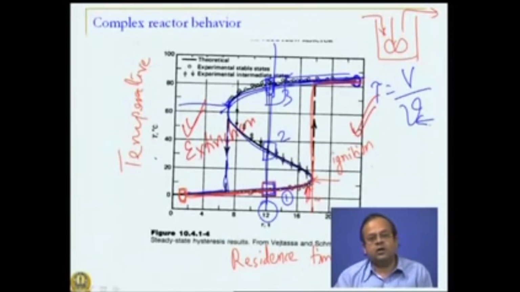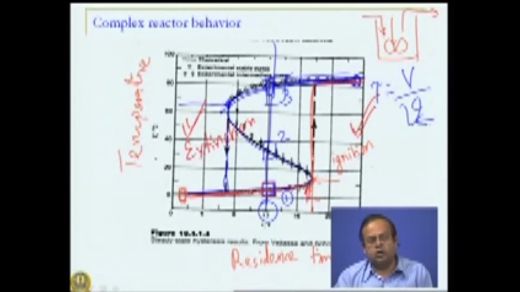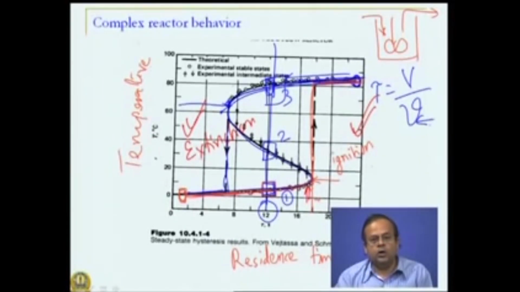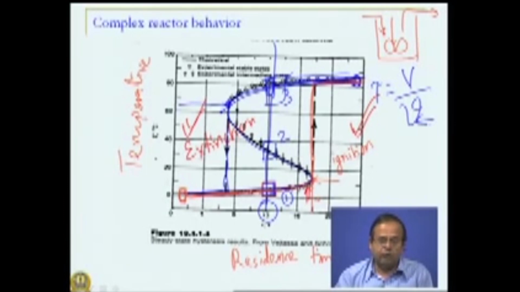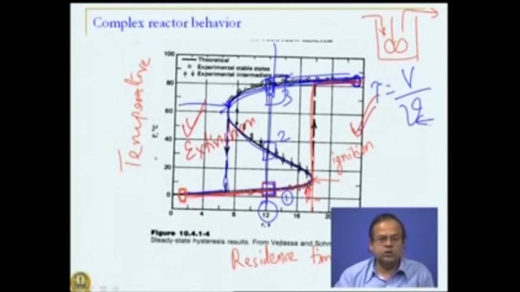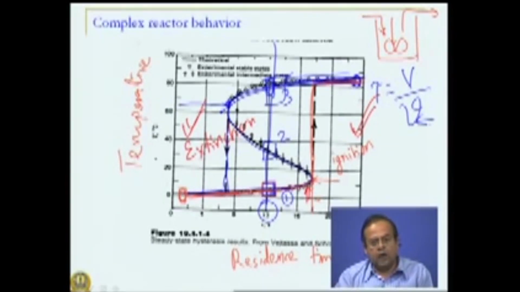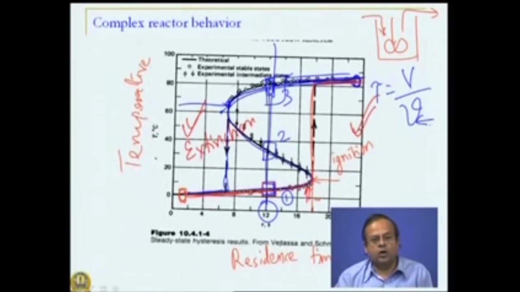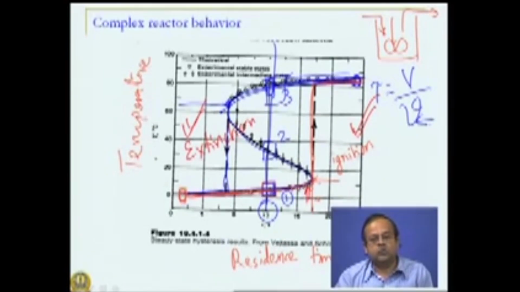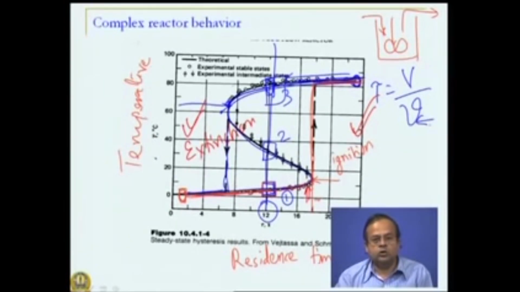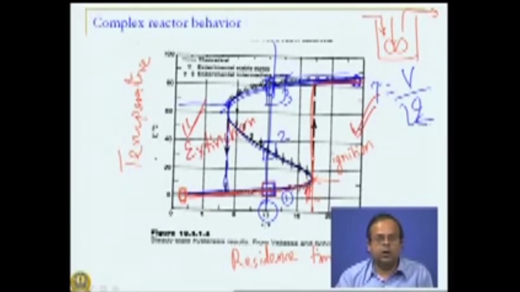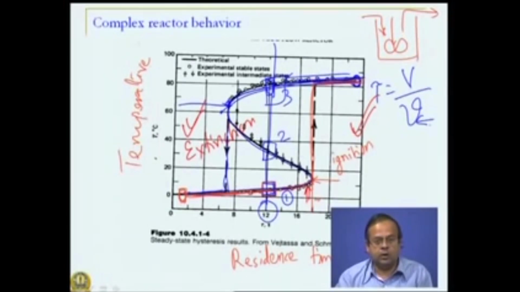So, as a reactor design engineer, it is our responsibility to make sure that one is aware firstly of likely situations and has alternate strategies of controlling if at all such situations arise, so that we do not have sudden ignitions or extinctions in our reaction.